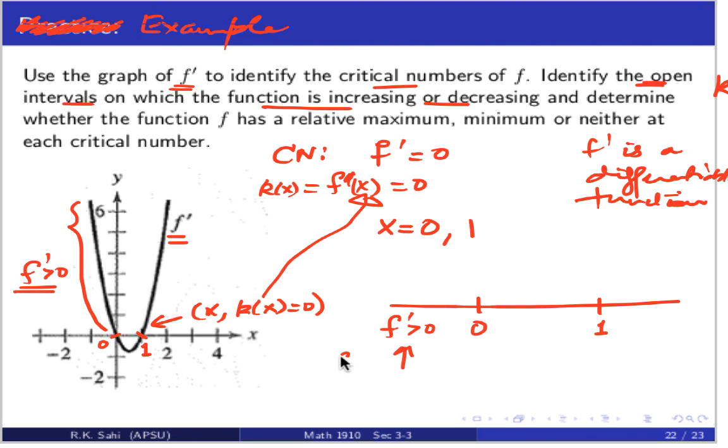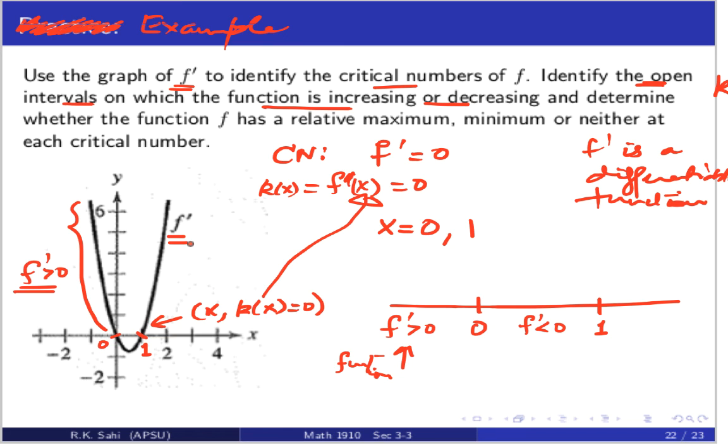That means the function is increasing here. Now from 0 to 1, what is happening? The derivative values are negative because this is a graph of f prime. Keep that in mind. I'm combining what I know from the literal meaning of a function with what we are learning about derivatives. That's a nice combination happening here. From 0 to 1, the derivative is negative, just from the graph.